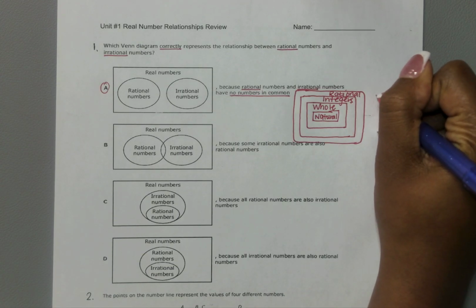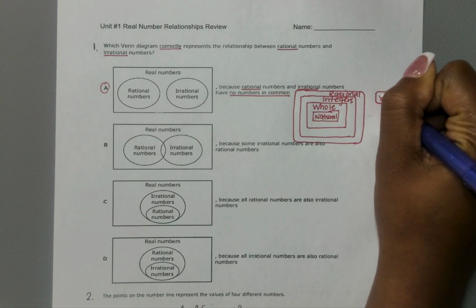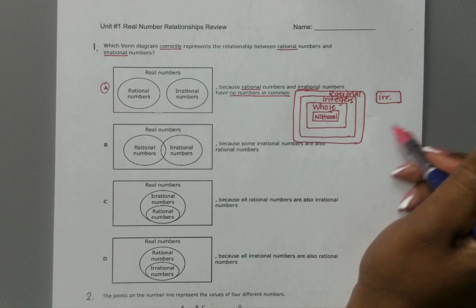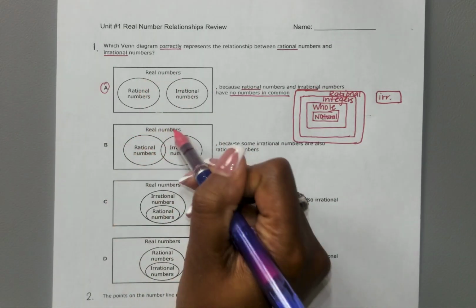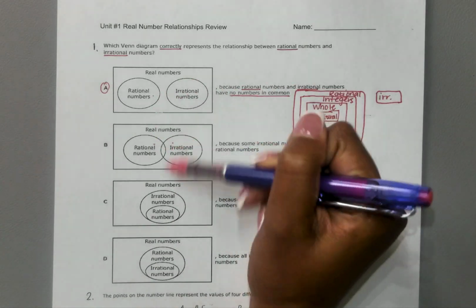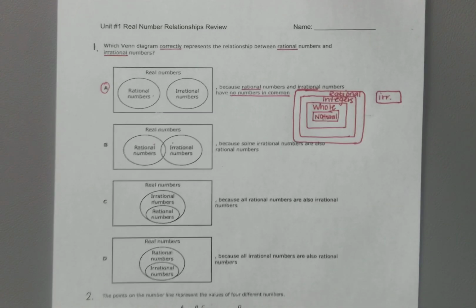And then on the side, we have irrational numbers by themselves because irrational numbers cannot be written as a fraction. They are non-terminating decimals and non-repeating decimals, meaning that they go on and on and on forever. And all of these are considered real numbers, which is why we see in each of our answer options both types of numbers are inside the real numbers because, again, all numbers are real numbers.